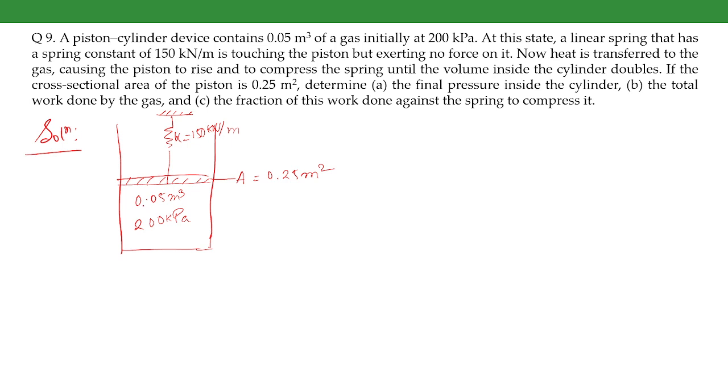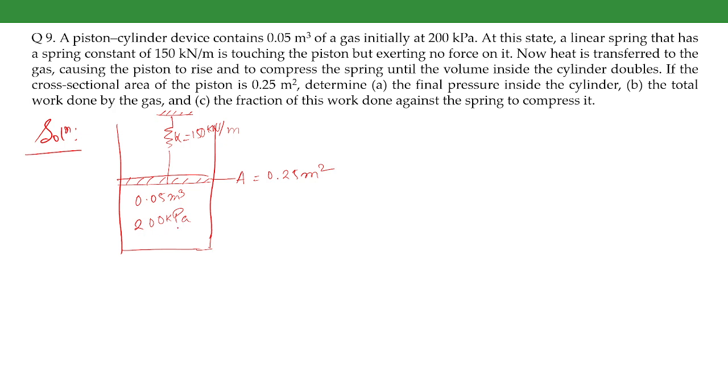In the previous problem, as the pressure was increasing, the piston could move freely upward. Suppose this is 200 kilopascal, then in the balanced position initially, it would be 200 kilopascal at the surrounding also.